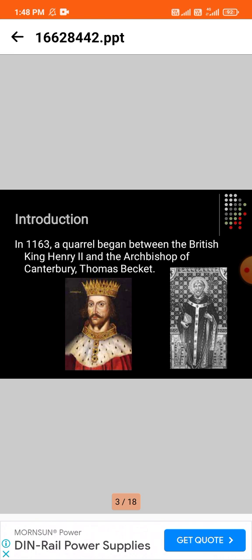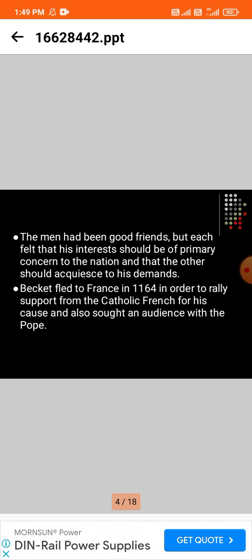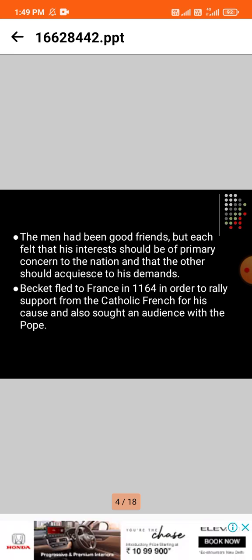Introduction. In 1163, a quarrel began between the British King Henry II and the Archbishop of Canterbury, Thomas Becket. The men had been good friends, but each felt that his interest should be of primary concern to the nation and that the other should acquiesce to his demands.